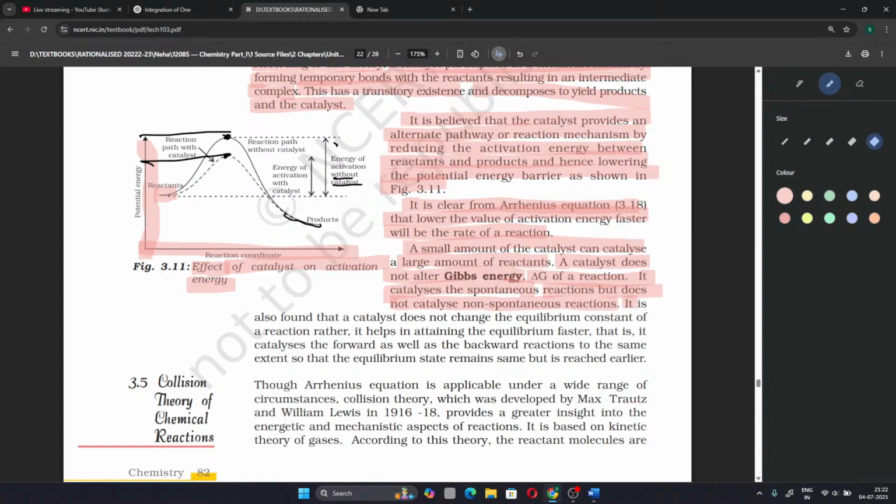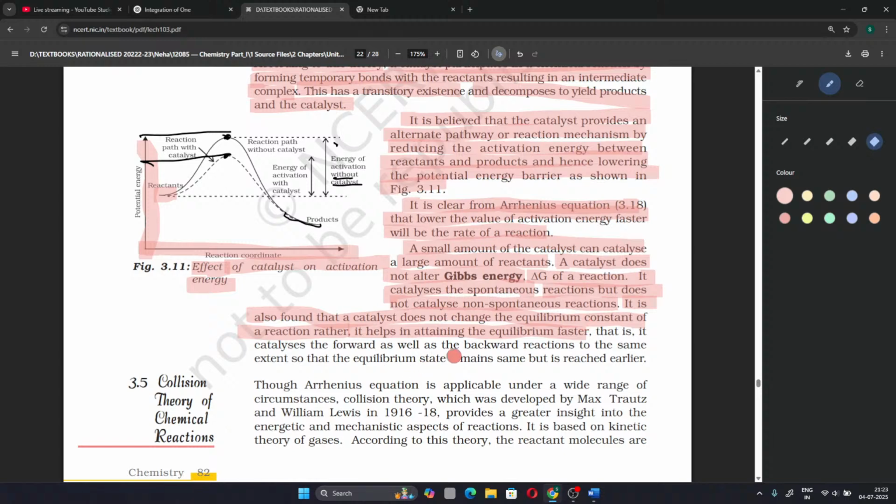It is also found that a catalyst does not change the equilibrium constant of a reaction, rather it helps in attaining equilibrium faster. This point we read yesterday in the solutions chapter as well.